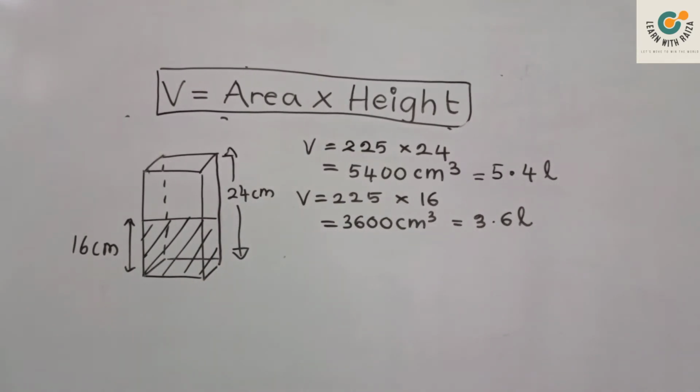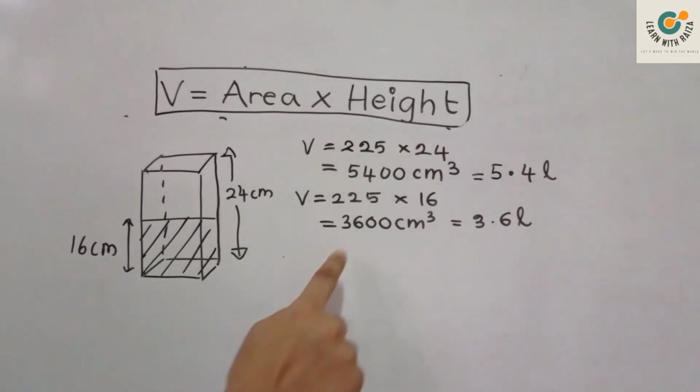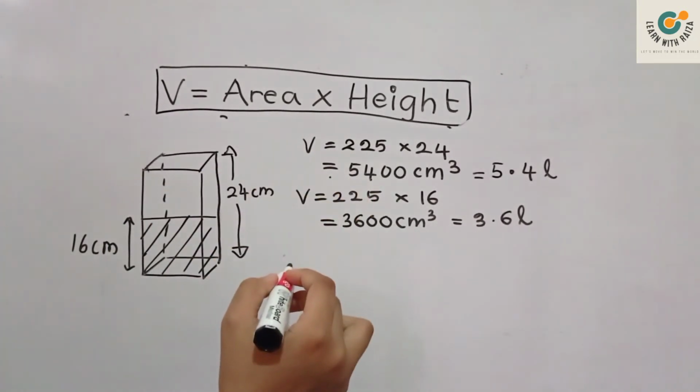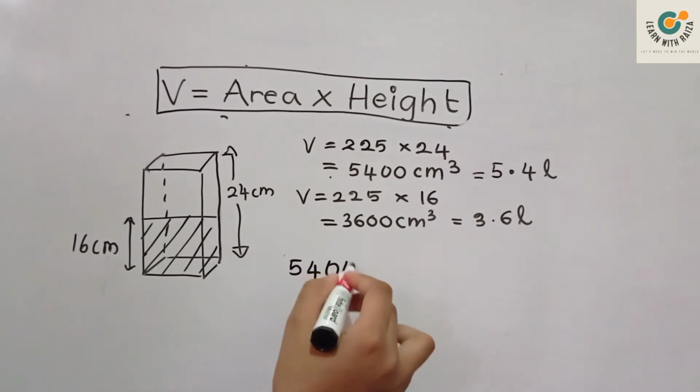So they are asking us to show that the water filled, 3600 cubic centimeters, is just 2/3 of its real capacity, 5400.